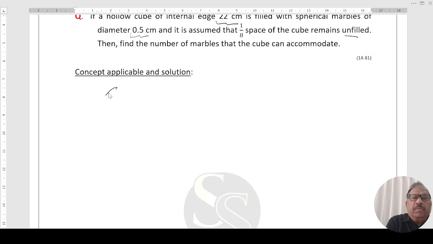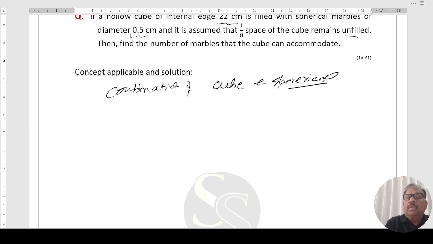This is a combination of cube and the spherical shape. That is the sphere.